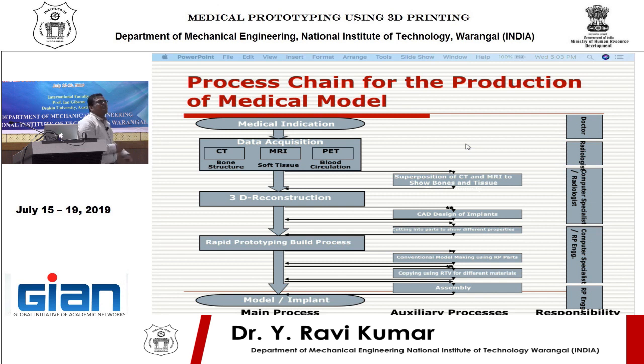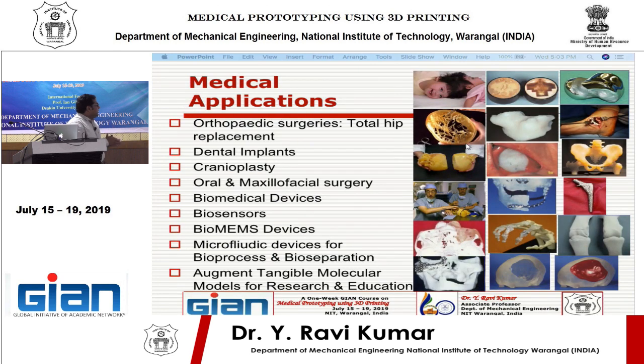So we need to have a team of people involved in order to get the required output, right? If you name a few applications which I quoted, it can be anything in medical, right from the bone to the tissue or organ.